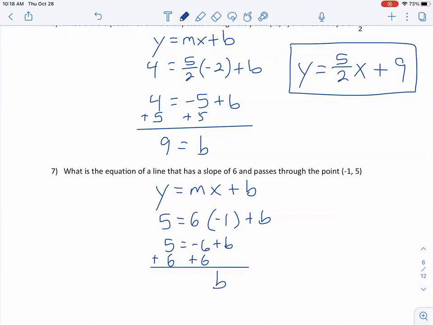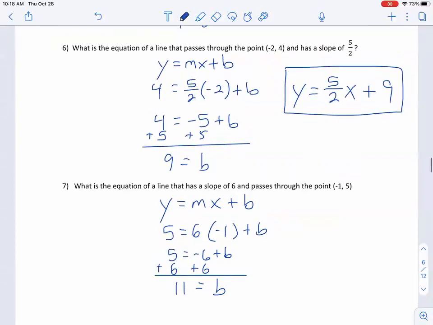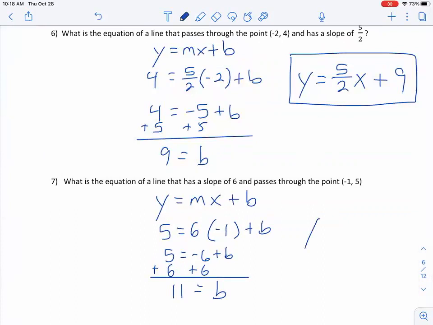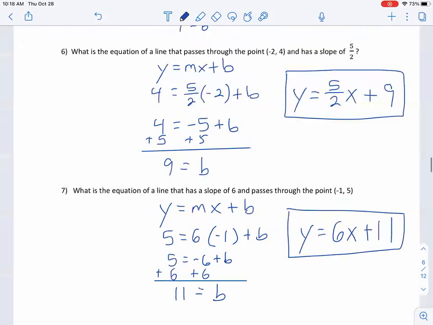And B comes out to be 11. Now, just a couple of you, though, did all the hard work, but then didn't write the answer. Remember, this thing is your answer. Okay, so we have to write the equation. So the equation is Y equals 6X, because 6 was our slope, plus our B, which was 11. So our answer is Y equals 6X plus 11.